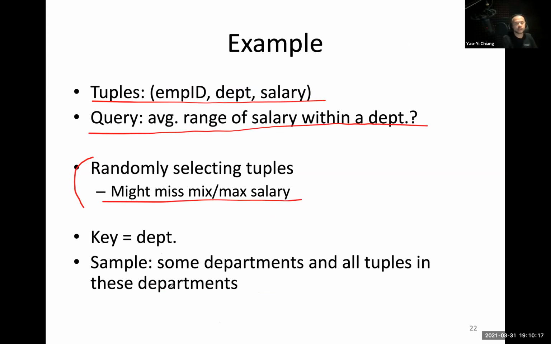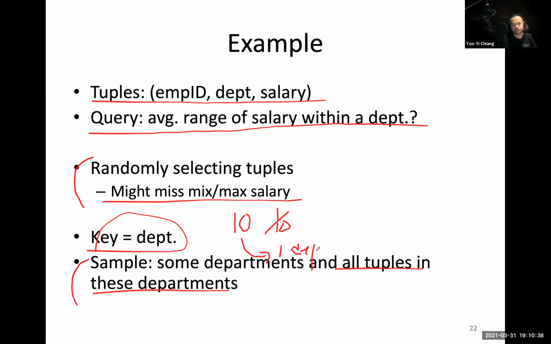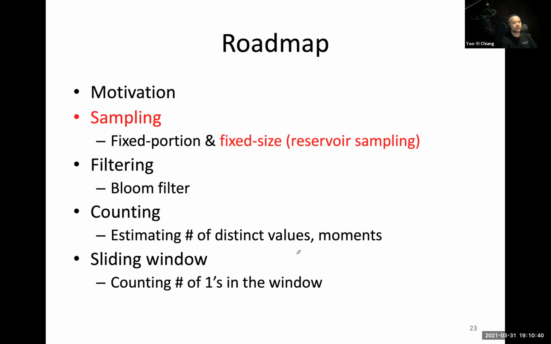The solution is you take the department as the key and you sample some departments and all tuples in those departments. So if you have 10 departments, you only want 1/10 of the sample. You're going to take one department and discard all other departments.